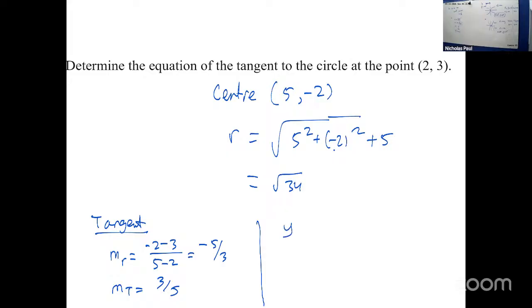So the equation is y minus y1 is equal to m by x minus x1.